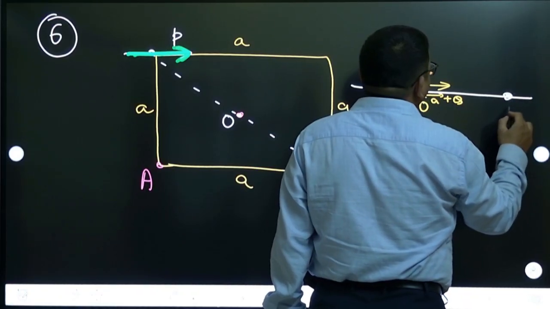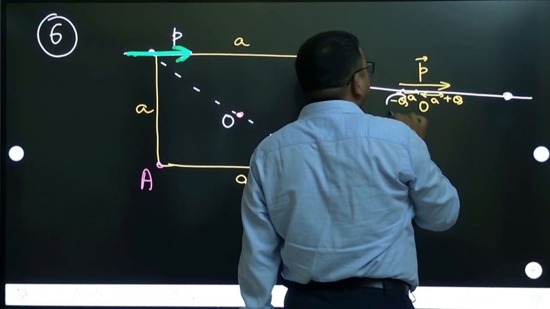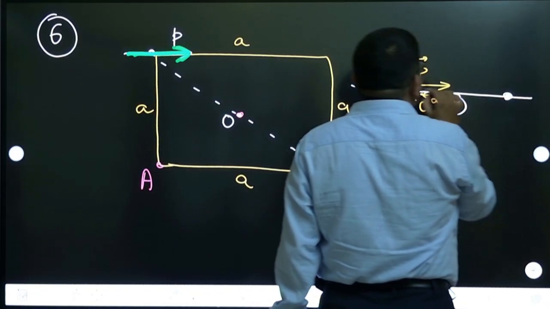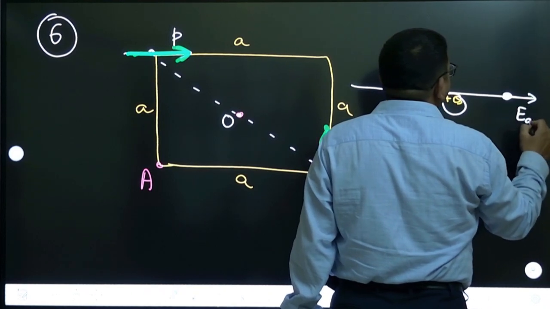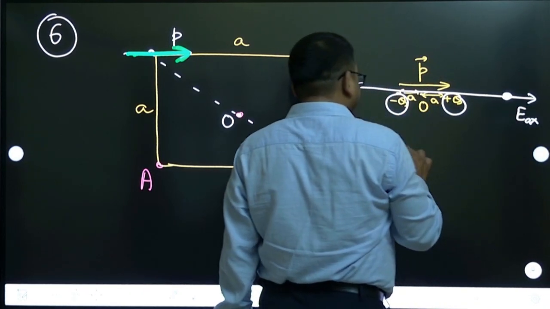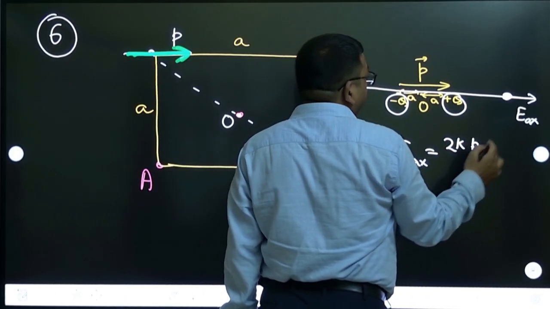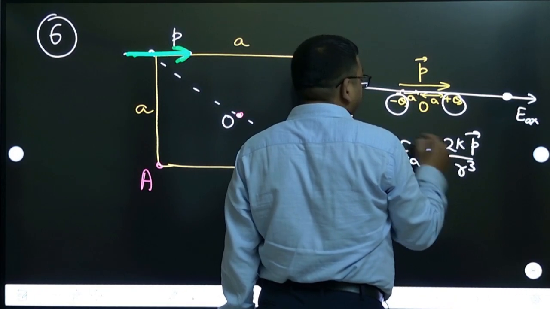Any point here, and this is the dipole vector direction from negative charge to positive charge. So this direction is the direction of P vector. So here at this point the field is also in this direction, axial field. The axial field formula for a short dipole is 2k P vector by r cube.